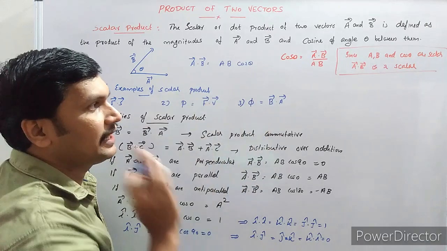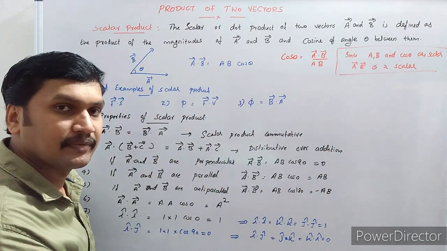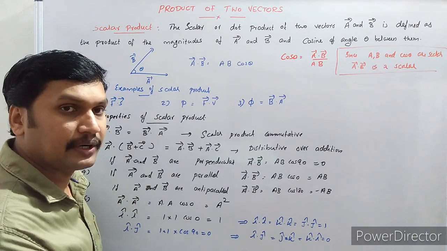Since A, B and cos theta are scalar, A dot B is a scalar quantity.